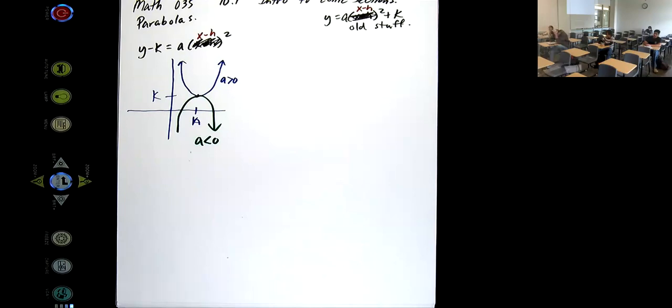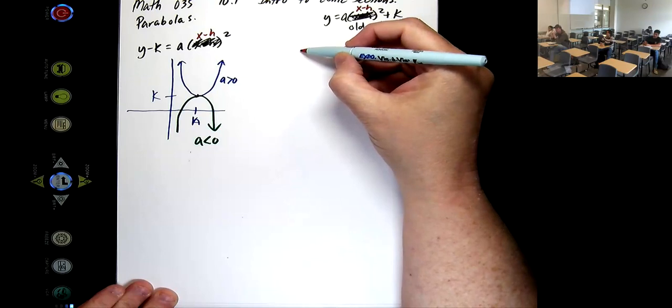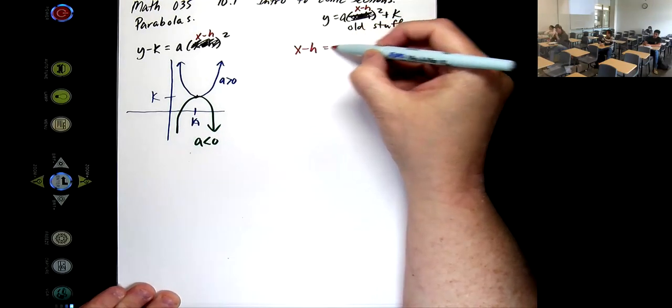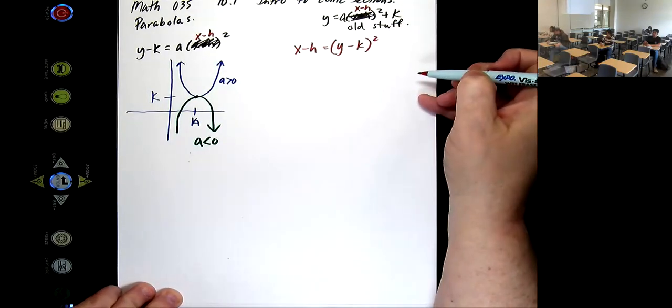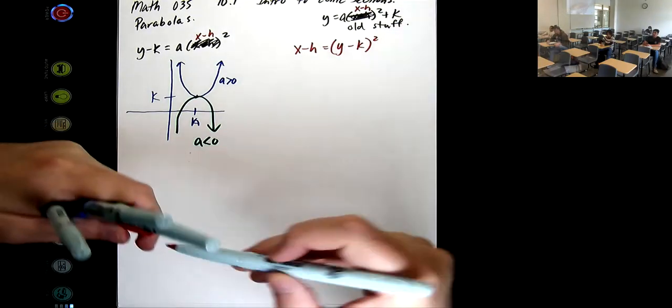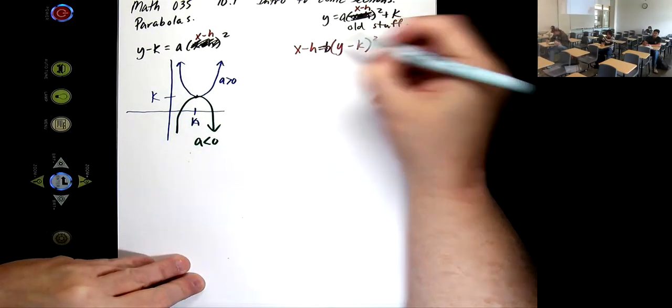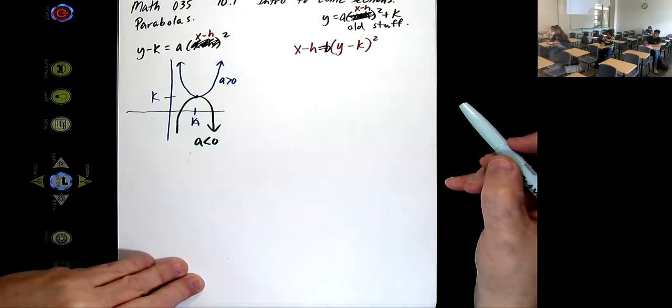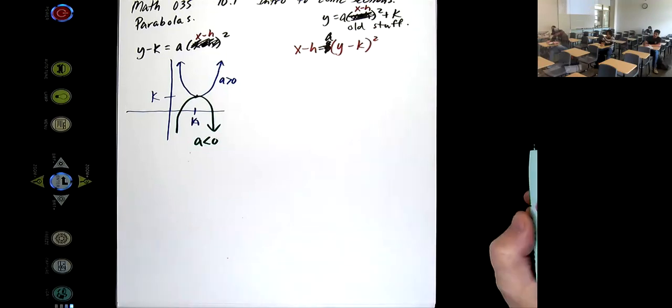But that's just the up and down parabolas. If, however, the y minus k is squared, let's say we have x minus h equals a times y minus k squared. A is for amplitude or magnitude kind of thing.